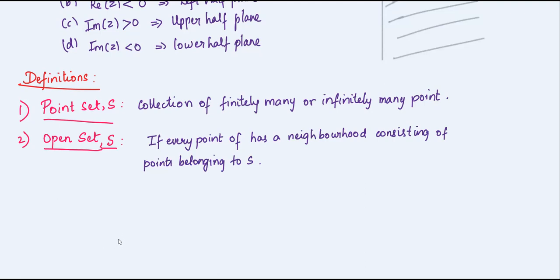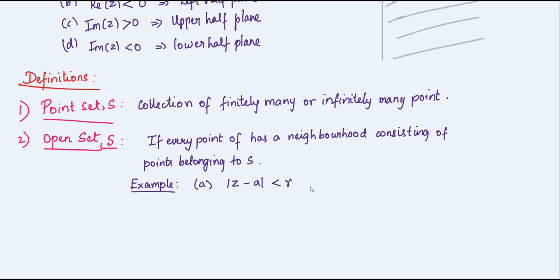Okay. So examples are points interior to a circle. It is an open set. First example, mod Z minus A less than R.